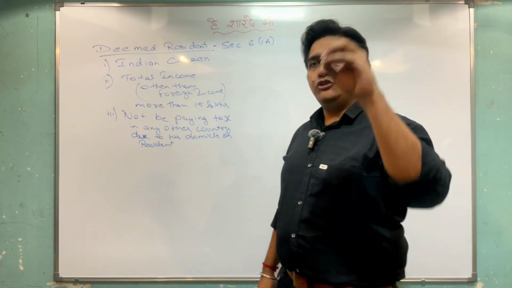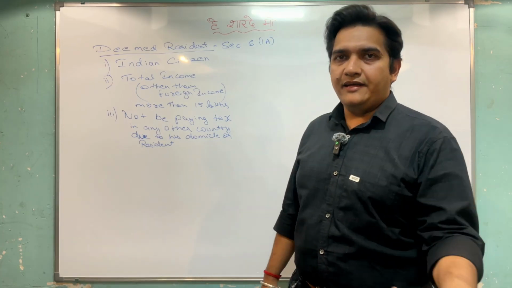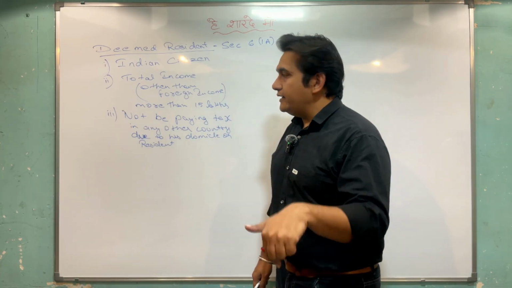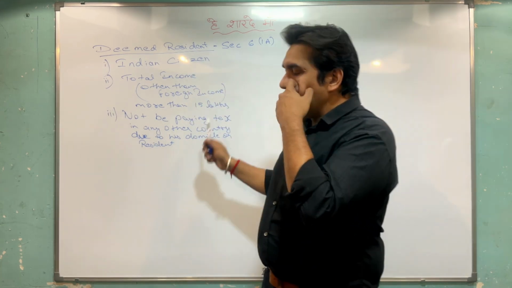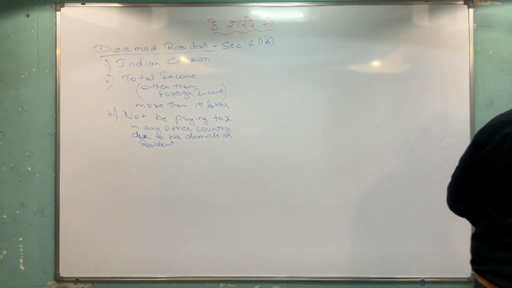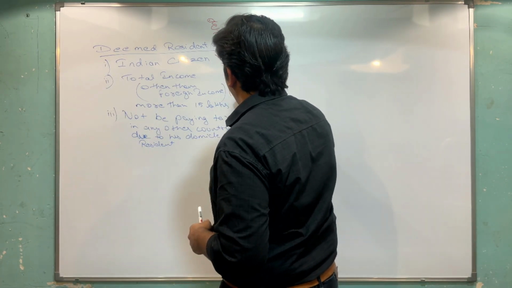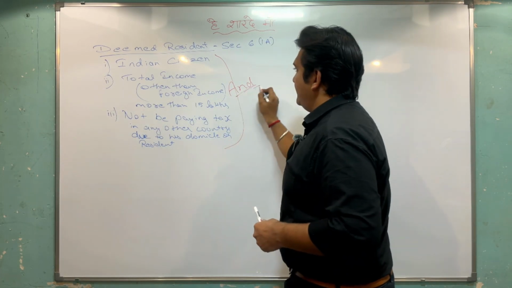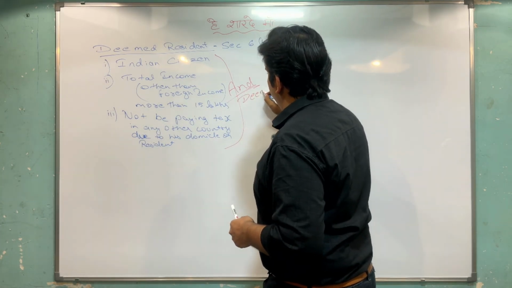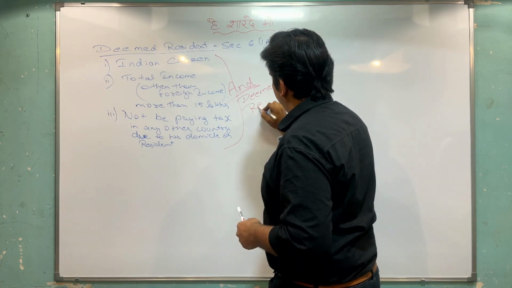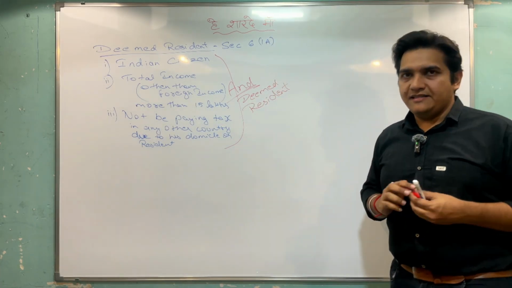That means the person should not be resident in any other country. If a person is not a resident in any other country, the total income in India is more than 15 lakhs, and they are an Indian citizen, then they are a deemed resident. All three conditions are cumulative, with an "and" between them, and then that person would be deemed resident, right?